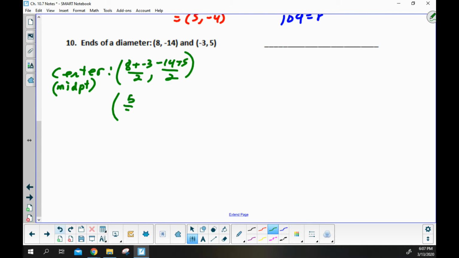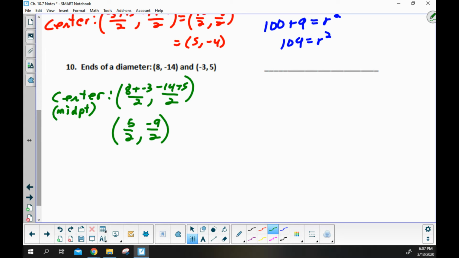So we end up with 5 halves, comma, negative 9 over 2. Woo! We got fractions. We got to deal with fractions. So let's go ahead and write it in. We get x minus 5 over 2 squared plus y plus 9 over 2 squared equals some r squared.